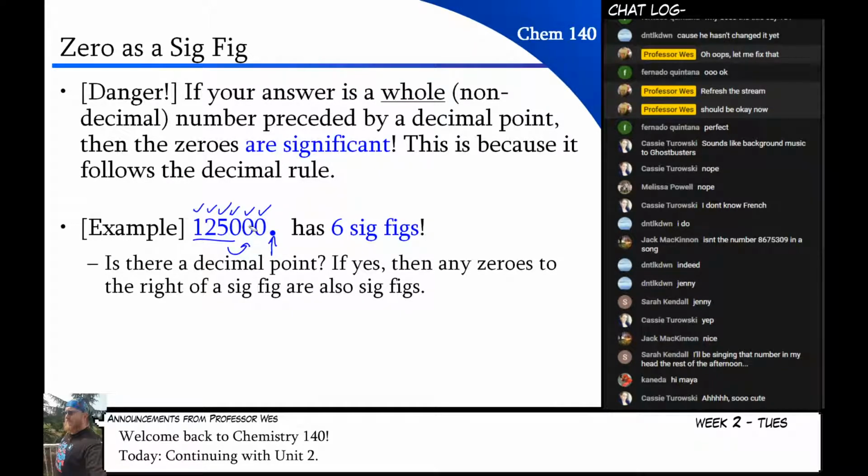You only write a decimal point if you need to in order to affirm that the numbers are known. So be very careful about writing numbers. Don't just put dots in there randomly. The decimal point is a very crucial tool in discerning what the number is intending to be.